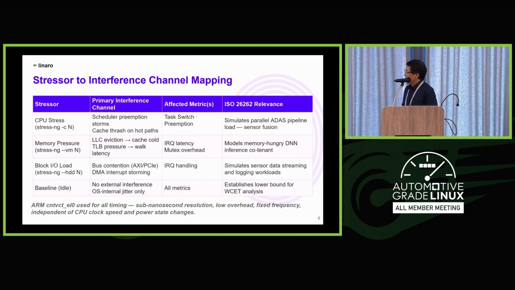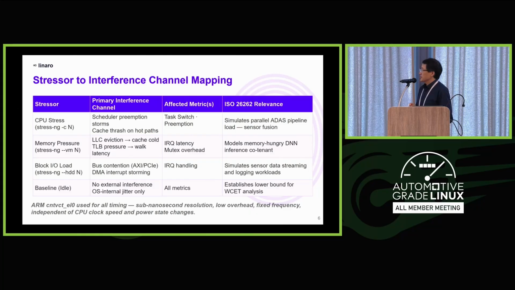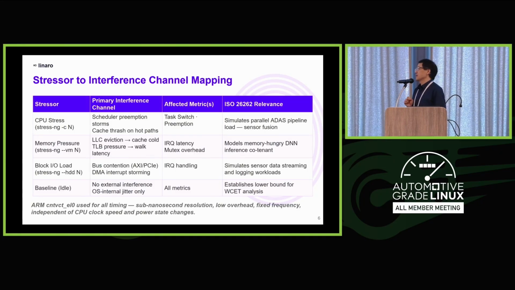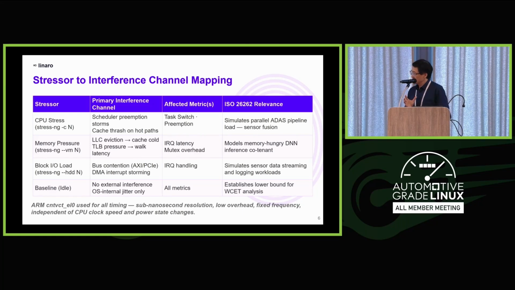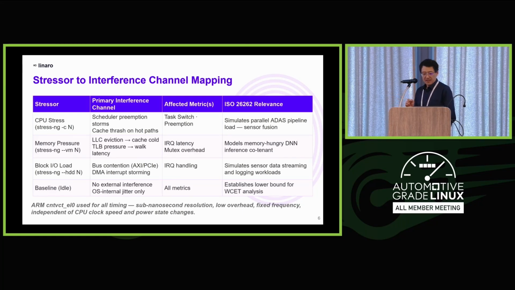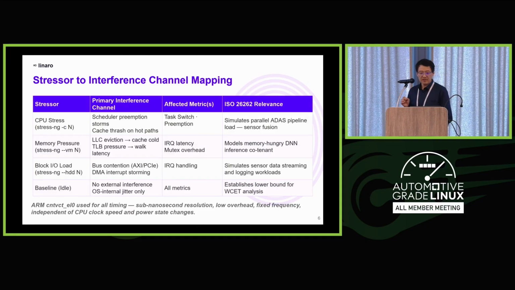Like I mentioned earlier, we're not just going to collect the benchmark, we also need to understand the root cause. Is it because of hardware noise, or is it because of OS noise? Before we get there, we need to understand what potential interference could be coming from.